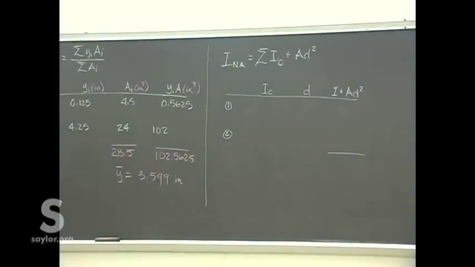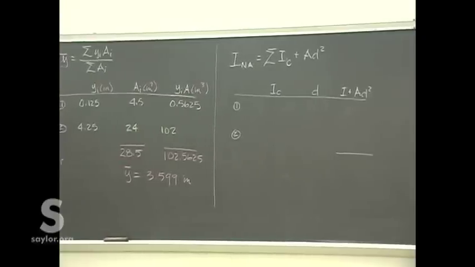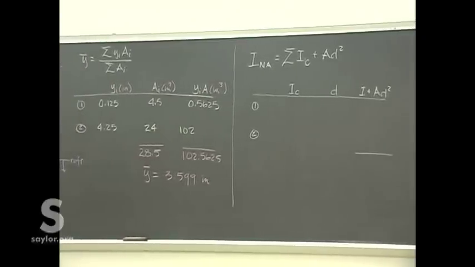All right, let's see if I have all those numbers. They're all rectangular, so it's the 1/12 BH cubed. Just make sure the orientation's right.